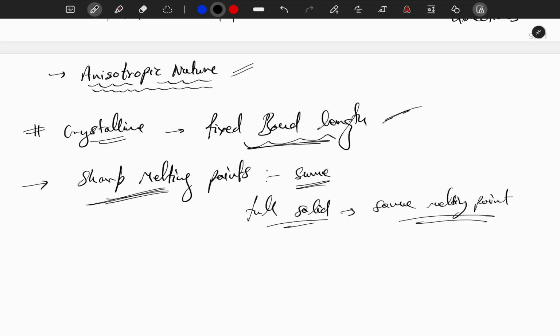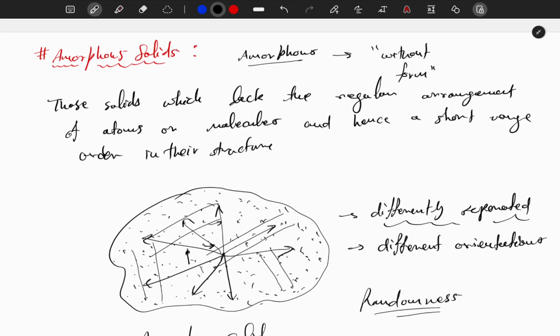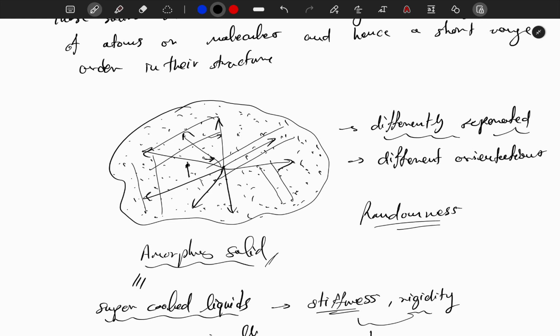On the other hand, in amorphous solids we will have different bond lengths in different directions. For example, there the bond length is different, there it is different, and there it is different, so different directions will have different bond lengths and they will break at different temperatures.